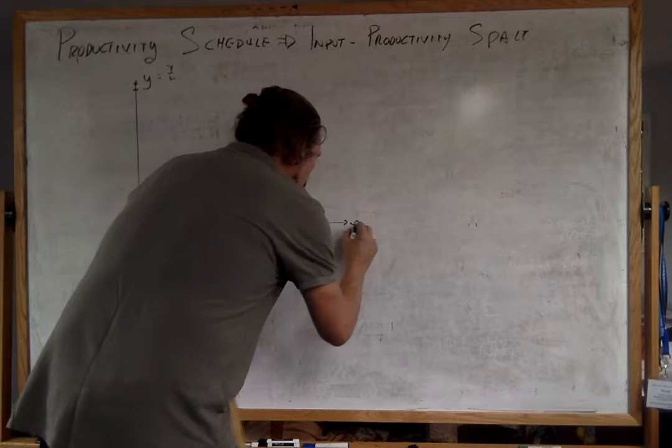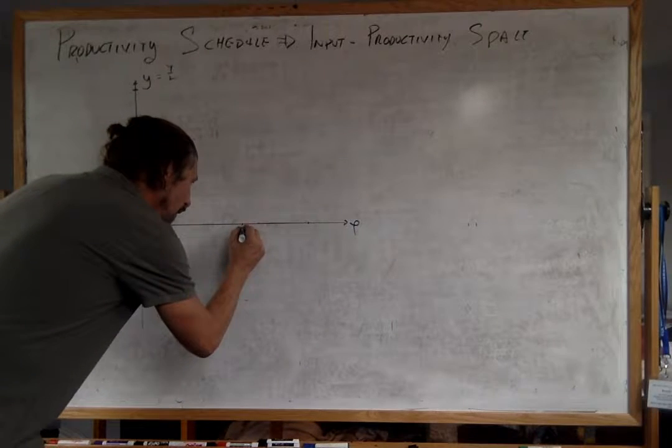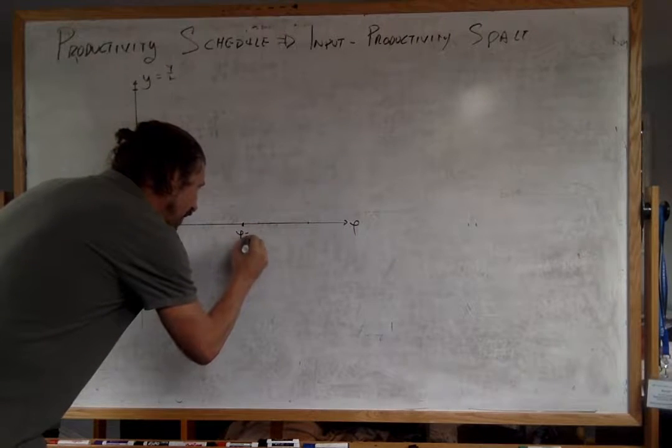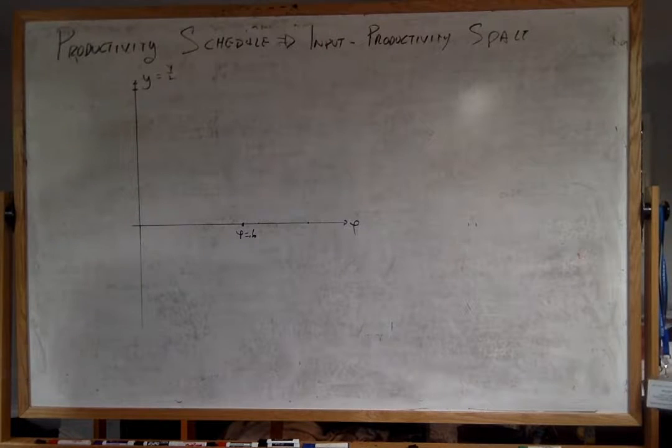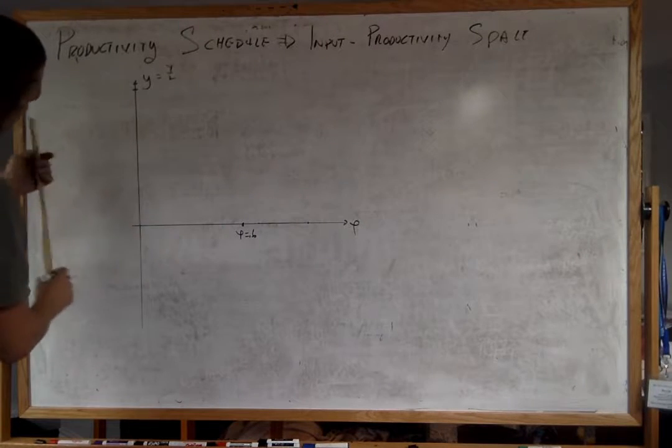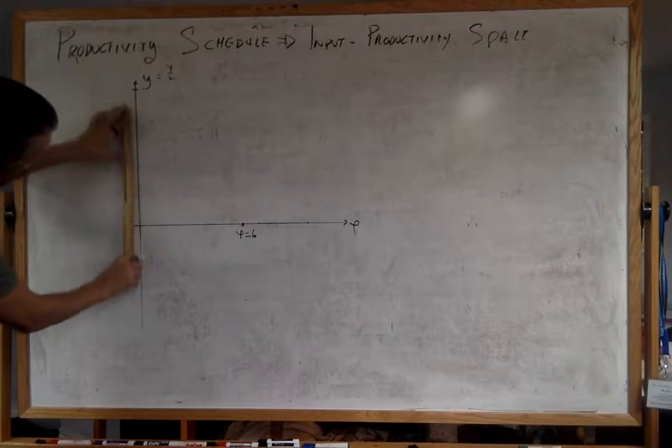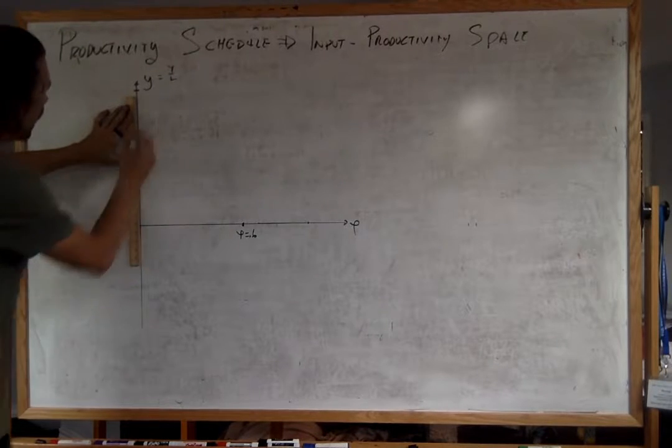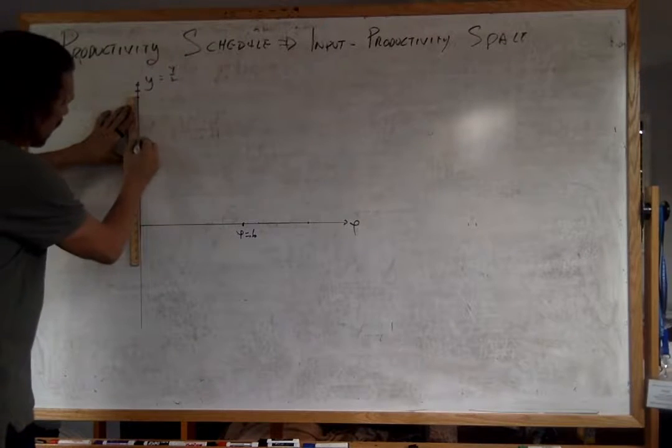The productivity of capital is equal to 0.6, okay? And this is going to have my productivity of capital going to be here. This is going to be 3.